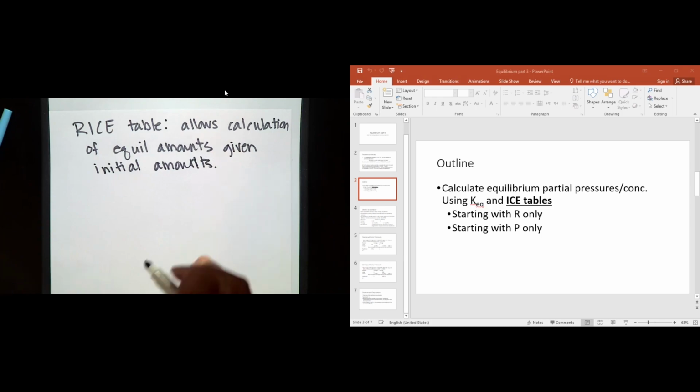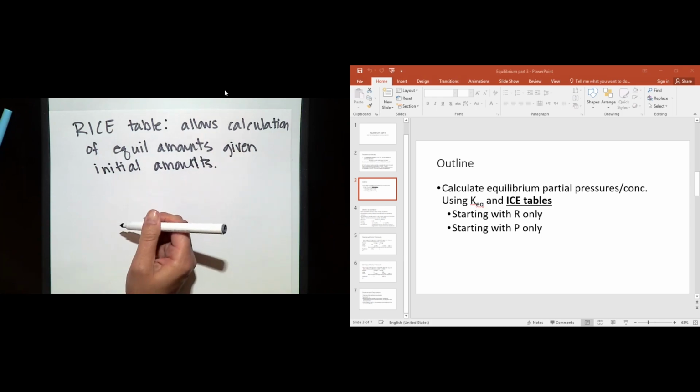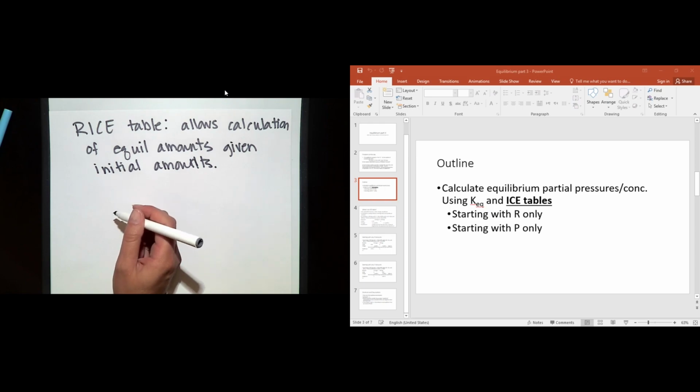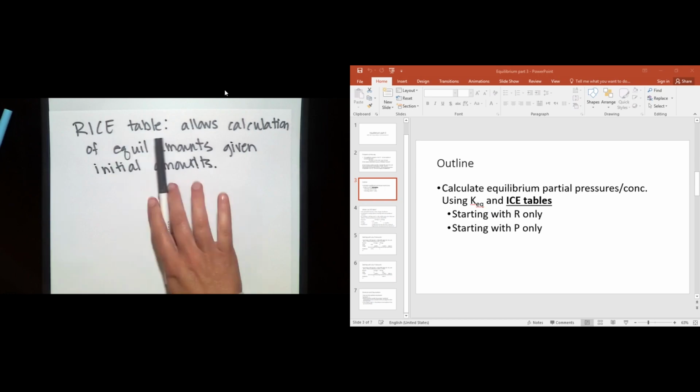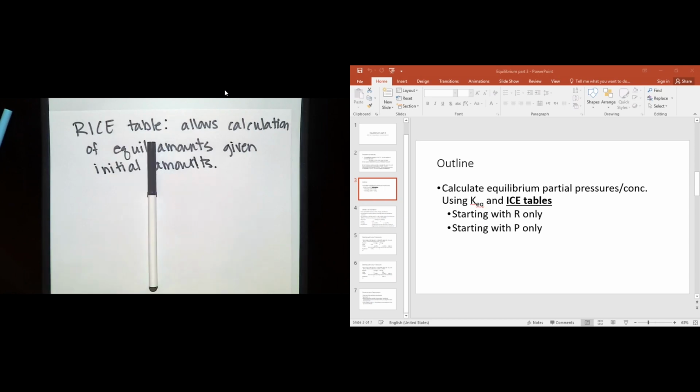Because we know mathematically what that equilibrium constant expression must equal, we can use a system called an ICE table or a RICE table. We're going to start with the type of problem where we're only told how much reactant or reactants we are starting with.